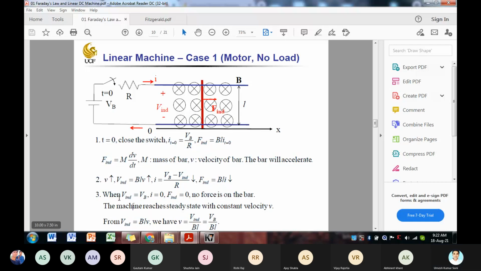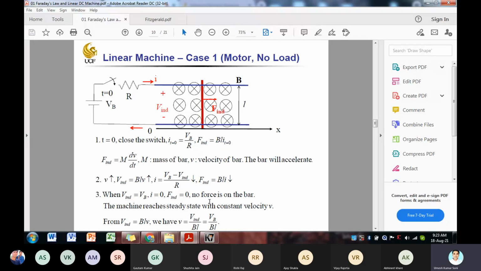Then a certain condition will come when the current is 0 and VB equals V induced, because at steady state dV upon dt will be 0 and velocity will be constant. Then the F induced will also be 0, so current will also be 0. In that case, the current is 0 and VB equals V induced.